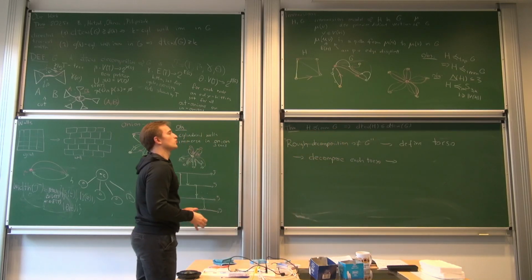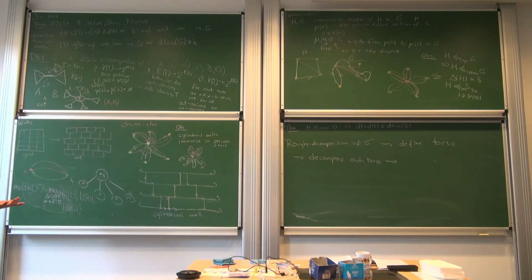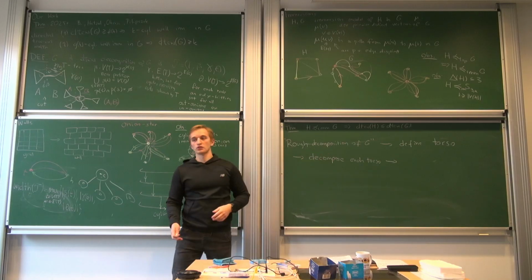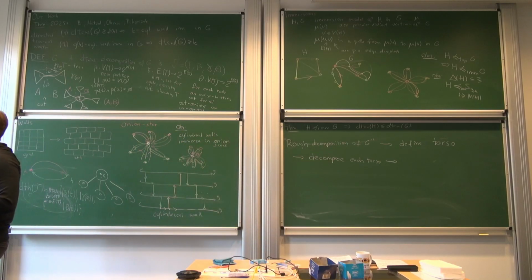So we will argue that if the torso has a large wall immersion, then the original digraph had a large wall immersion. The nice property our torsos will have is that they will have a bounded number of vertices of large degree, meaning that after deletion of not too many vertices, each degree will be bounded, and then we'll just apply the directed grid theorem.